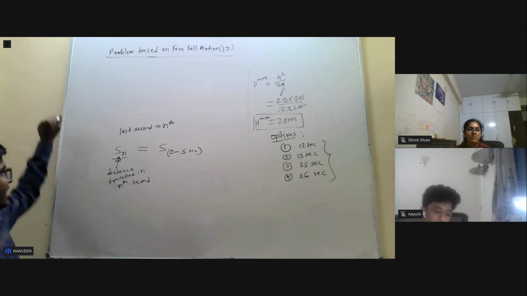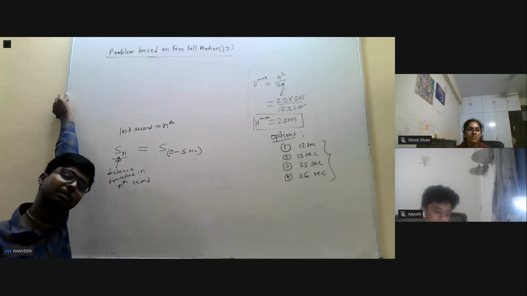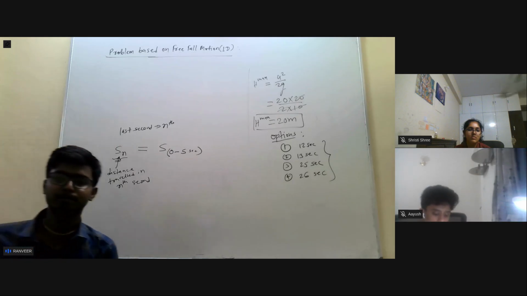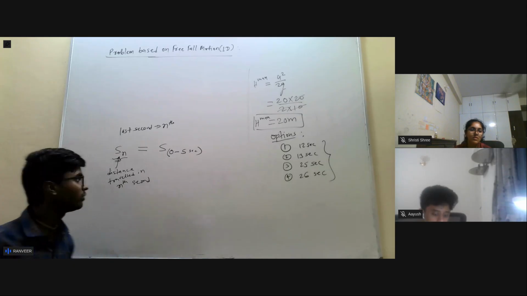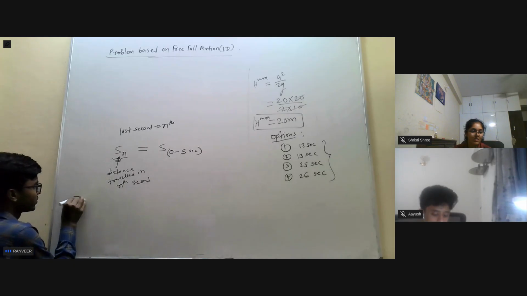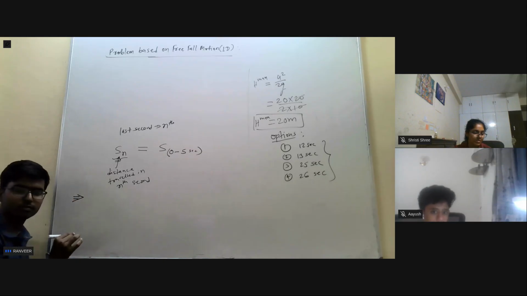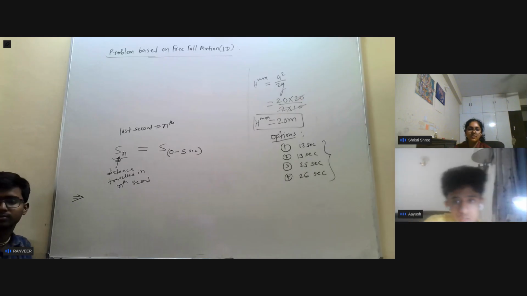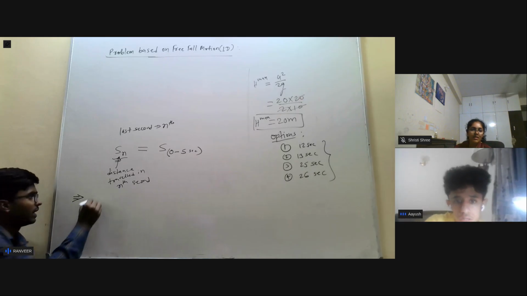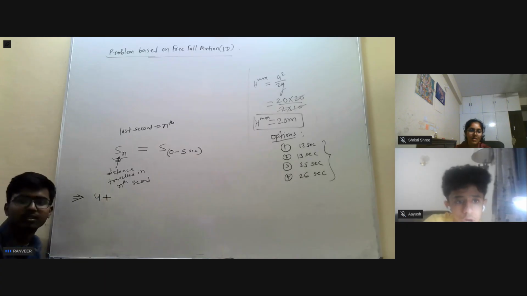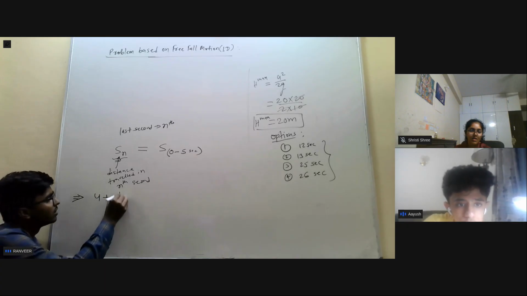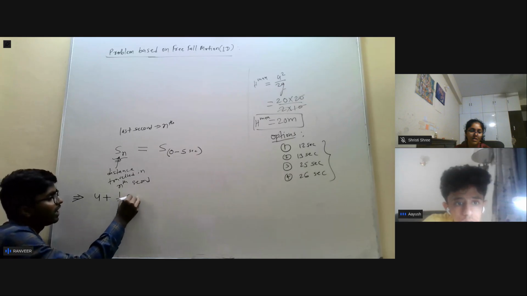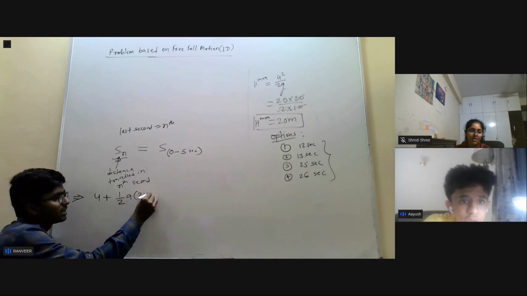You know the formula for the nth second? What is the formula for nth second? It equals u plus half a into 2n minus 1.